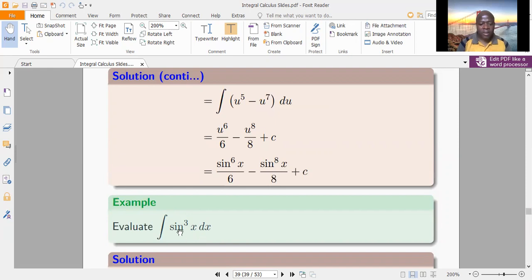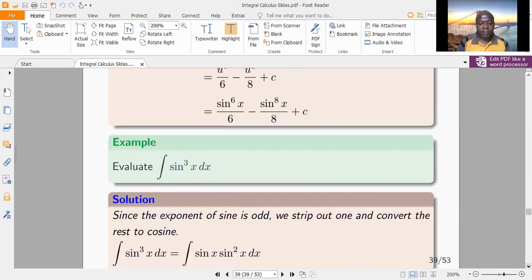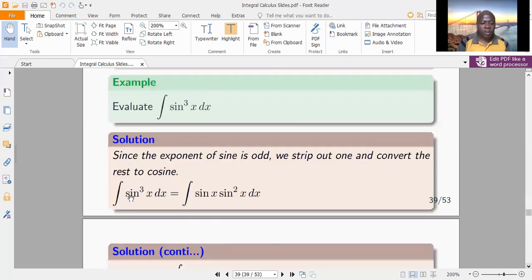Just like the same way we did, because it's already odd, you strip out one sine and convert the rest to cosine. That's what I did. So this is sine x raised to 3 dx. Strip out one sine x, and then it will be sine x and sine x squared dx.